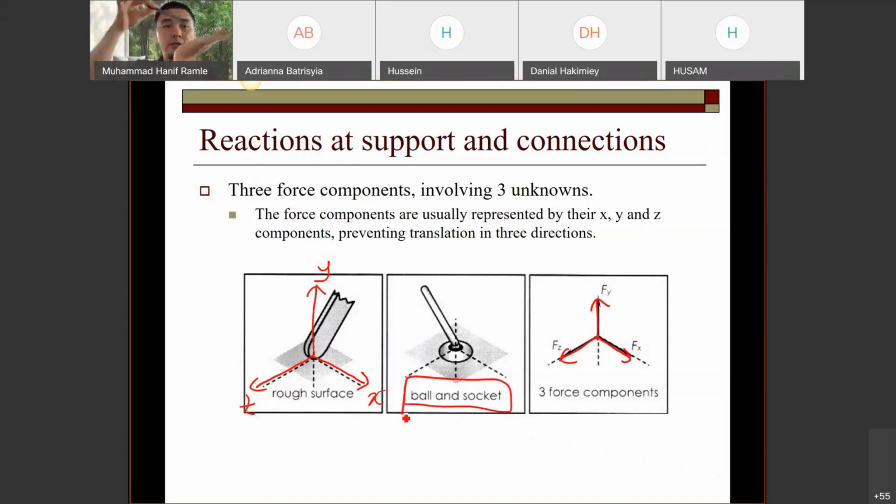The pen can move this way and that way in every direction, but cannot go up, cannot go down, cannot go left or right, because the socket is attached to the floor. Any question?